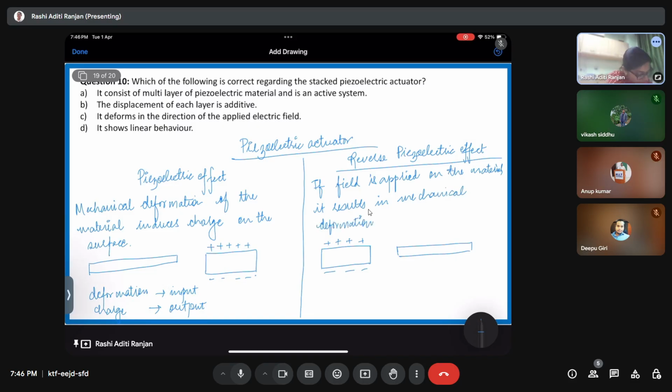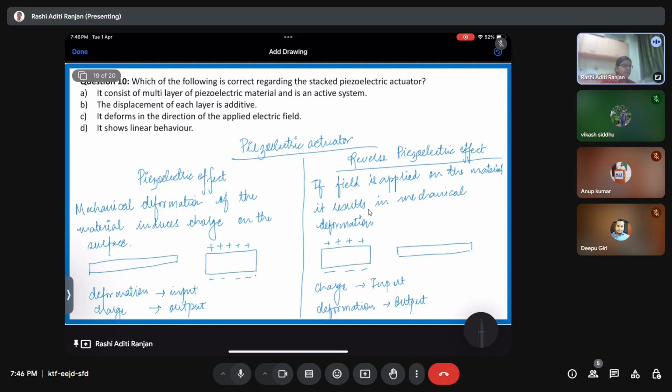So here my charge is the input and deformation is what? My output. Okay. Now that's fine. These are the two principles on which the piezoelectric actuator is going to work.